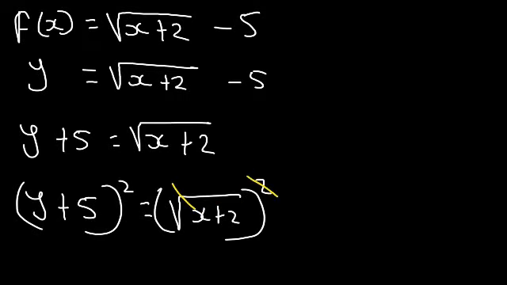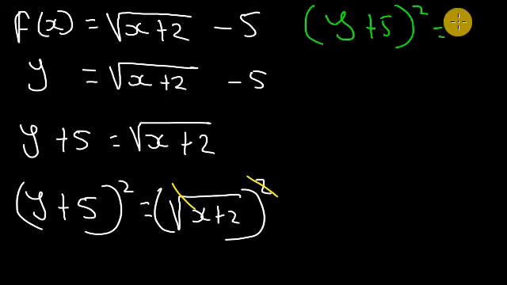And I should be left with y plus 5 all squared equals x plus 2. By the way, I think I haven't switched the positions of x and y, but nonetheless, I can still do that right now. It's not too late.